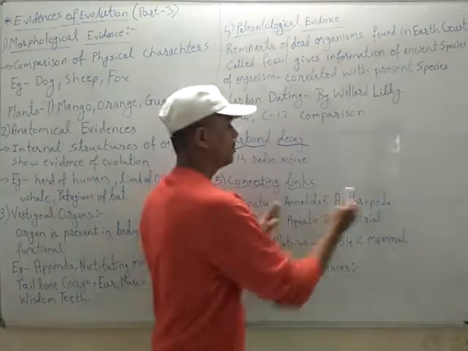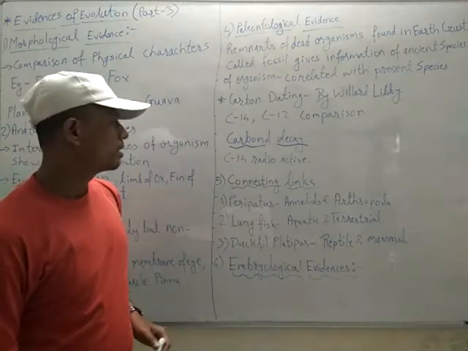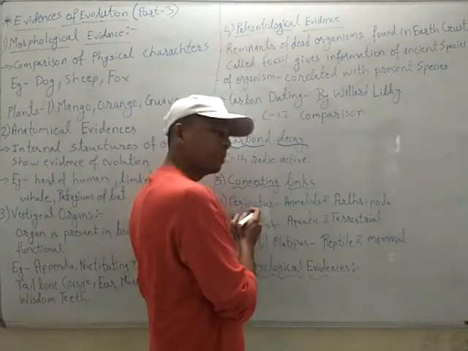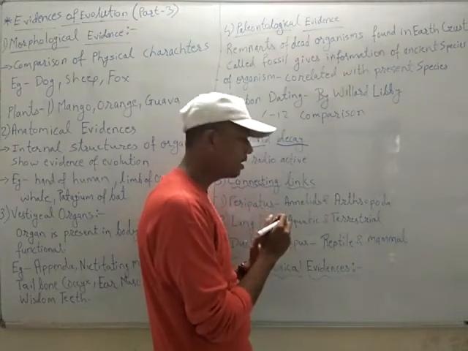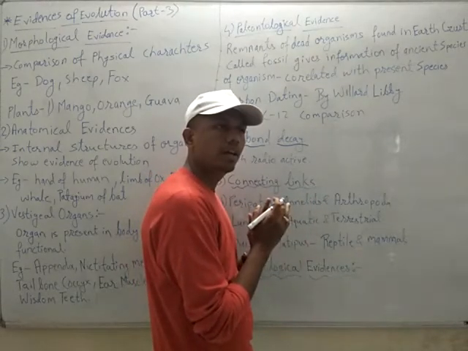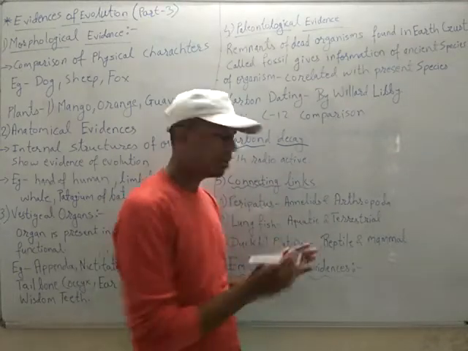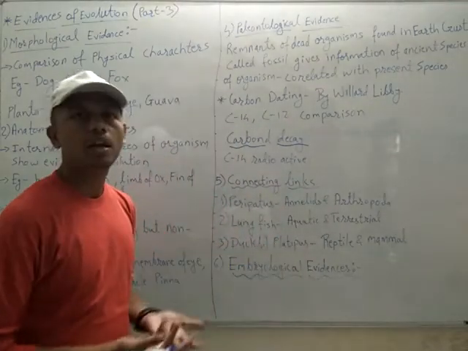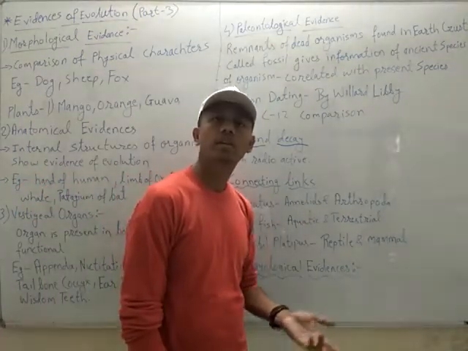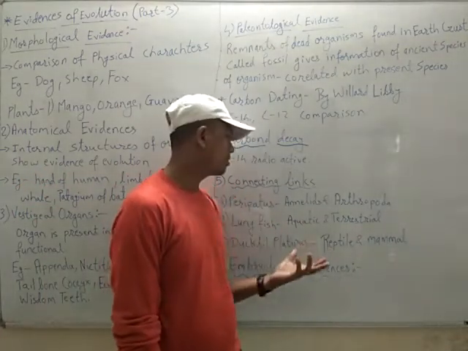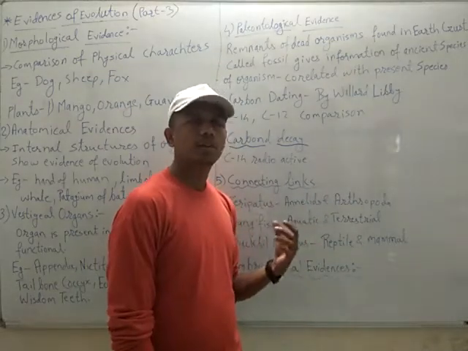Between two different groups of organisms, this suggests that the organism is a link between two different organisms, and it is evidence of evolution. In the process of evolution, these organisms have adapted themselves so that they possess the characters of two different classes of organisms, or two different phyla.